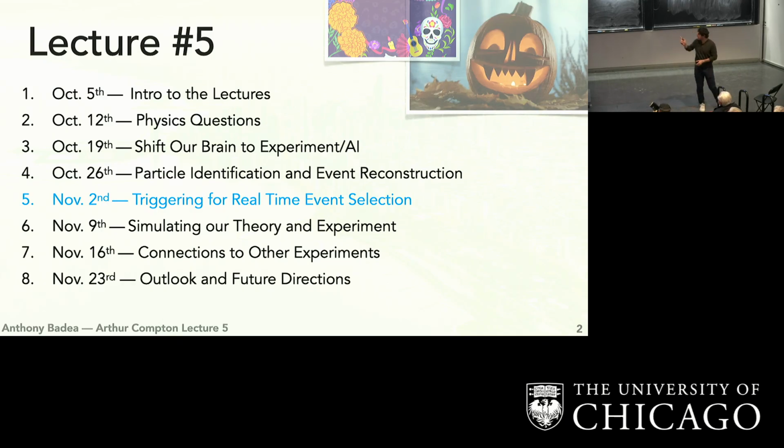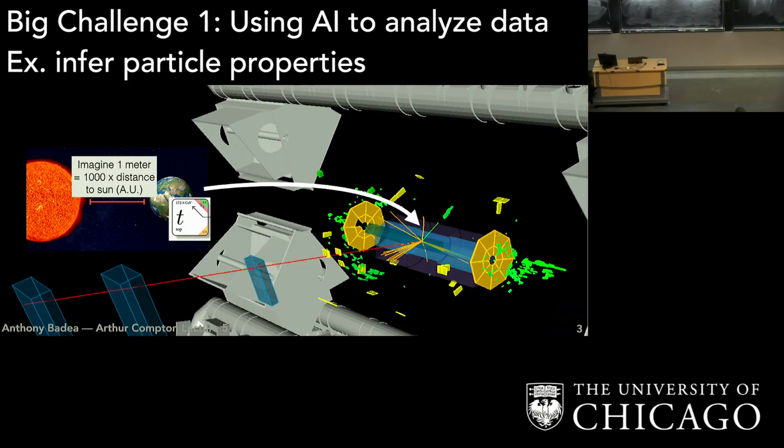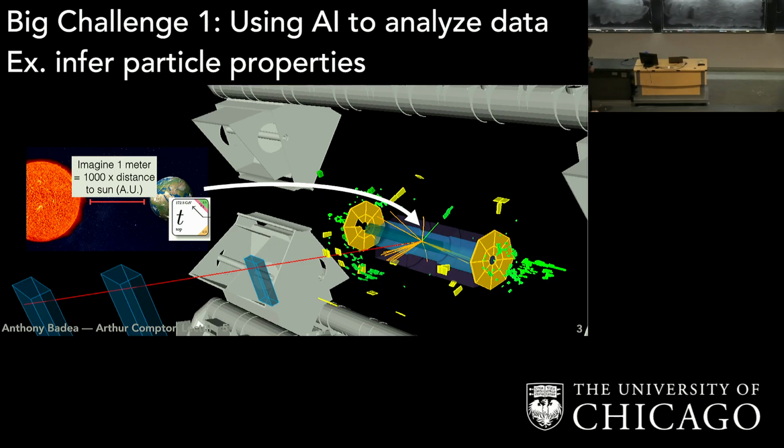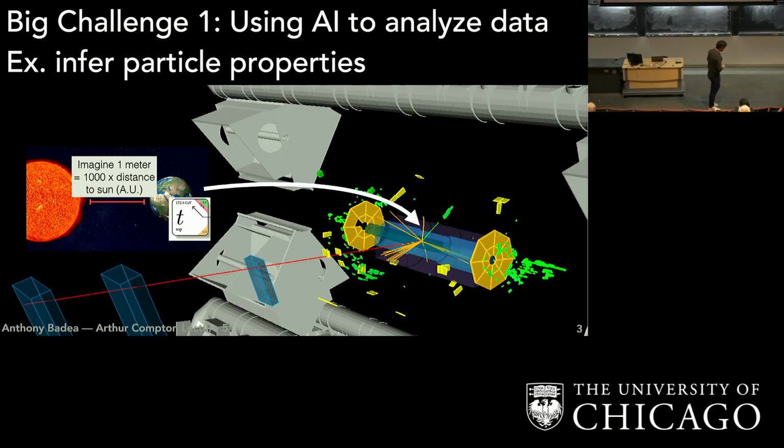This is building on the last lecture where we started to talk about particle identification and event reconstruction, where we saw the first glimpses of using AI to actually make inferences over very large scales. And so in one slide, the discussion that we had last time was about what I think of as one of the big challenges in particle physics, which is using AI to analyze data.